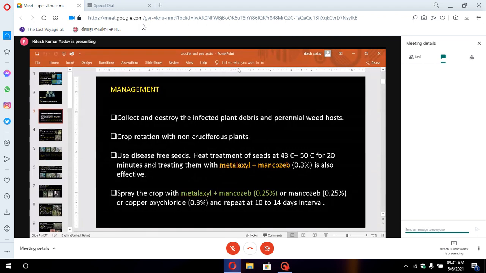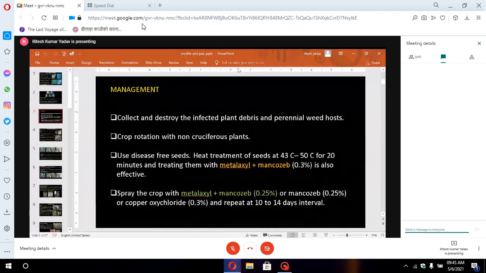Generally, when hot air treatment is recommended, the seeds are exposed to a temperature of 43 to 50 degrees Celsius for 20 minutes, or if that's not possible, you can go with seed treatment with a combination of metalaxyl and mancozeb. It is available as Redomil Gold or Trilaxyl or Crinoxyl Gold or many more.